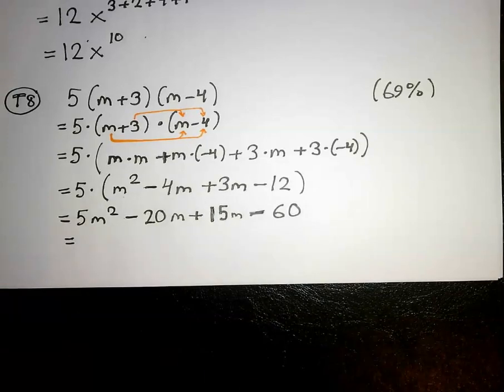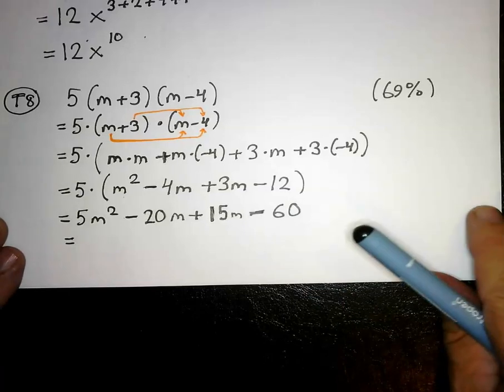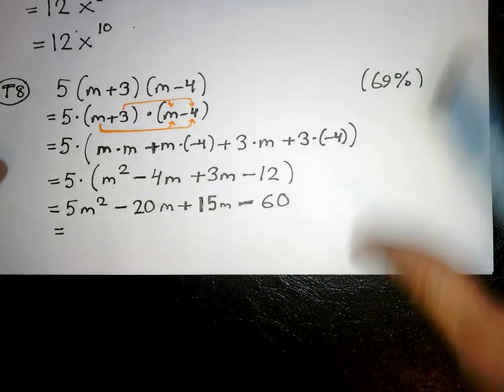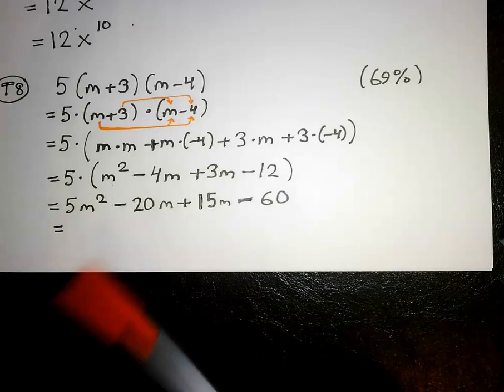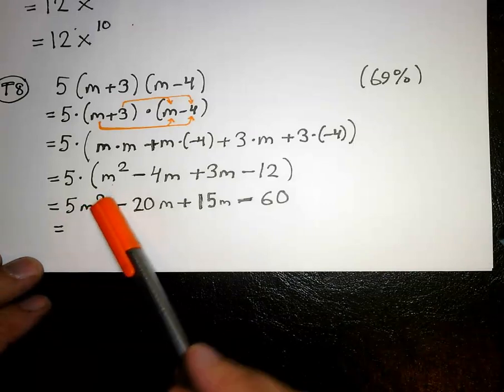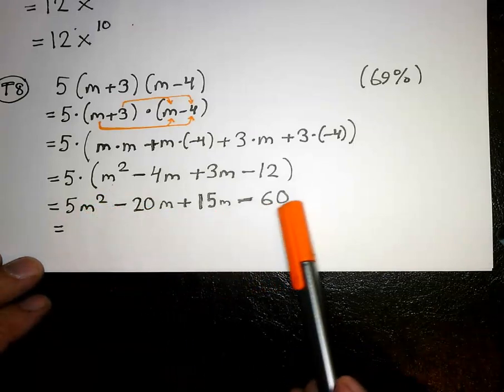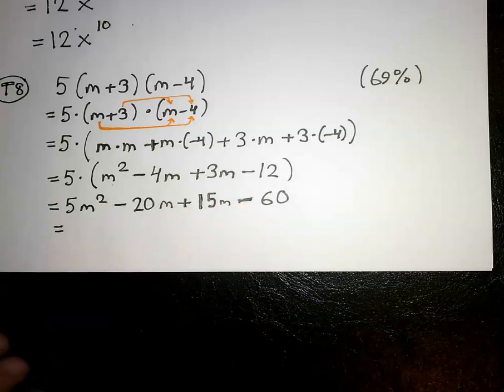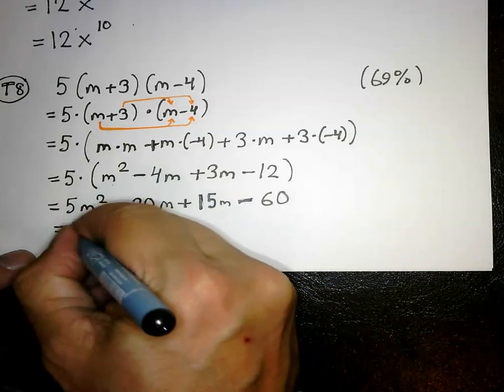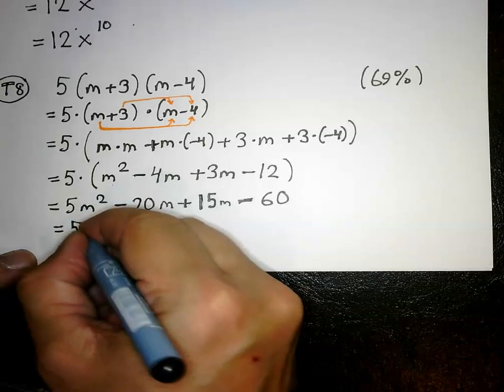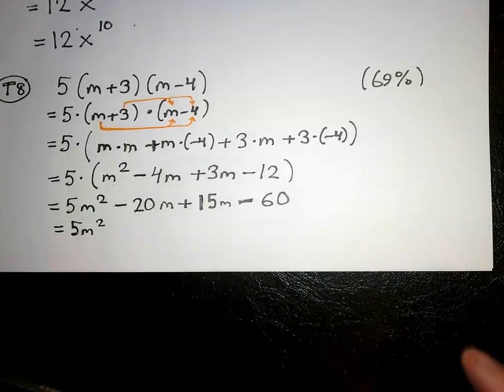And then we find the similar terms here. So we have m to the power of 2, and there are no other similar terms, so it will be 5m to the power of 2.